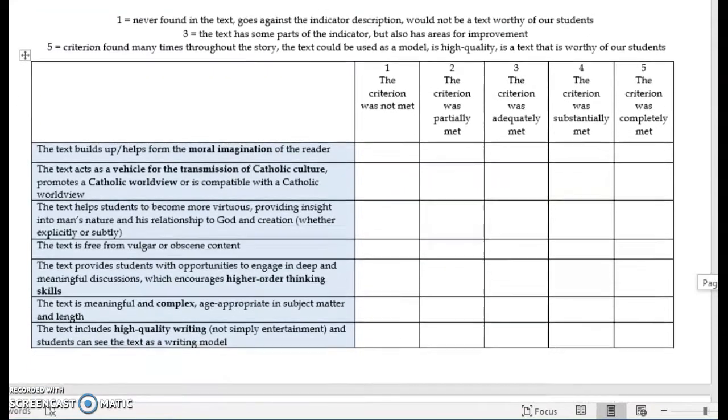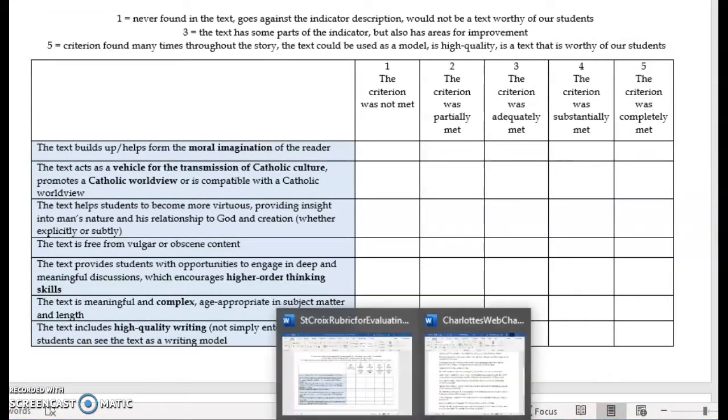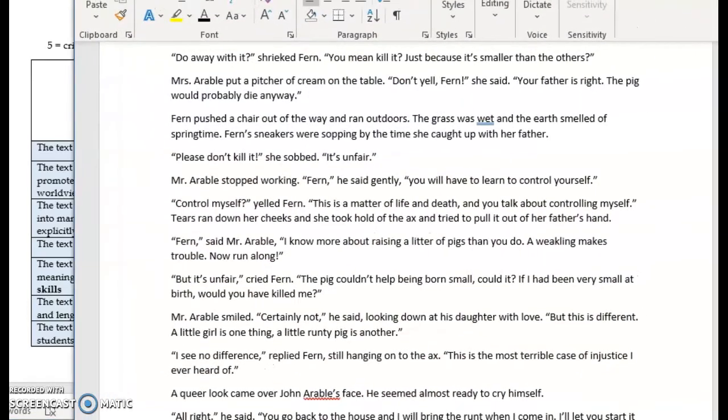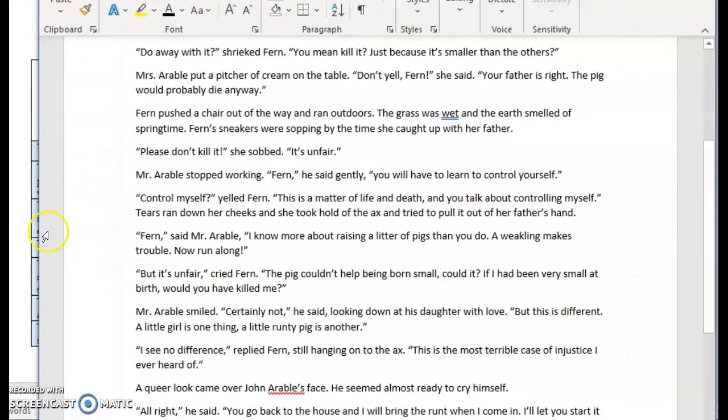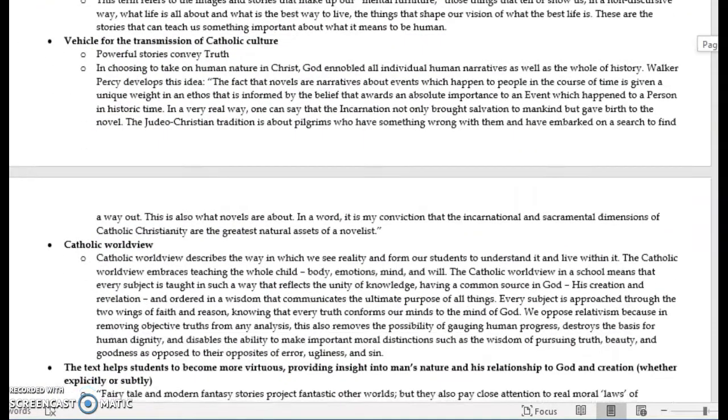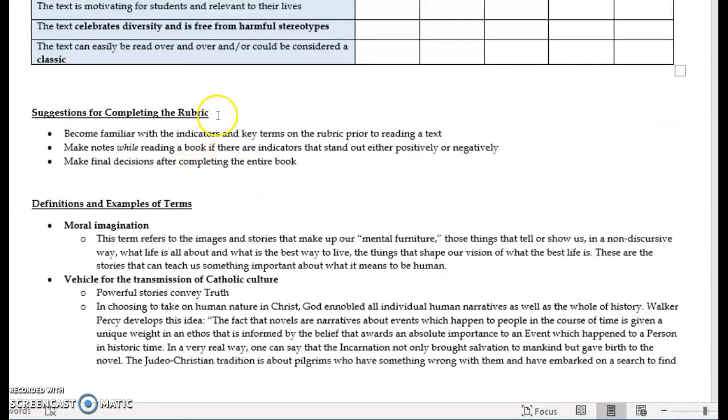Okay, so we are going to look now at a little excerpt from the first chapter of Charlotte's Web. Oh, let me go back to this one moment. I also included for you all just these 3 bullet points about suggestions for completing the rubric.